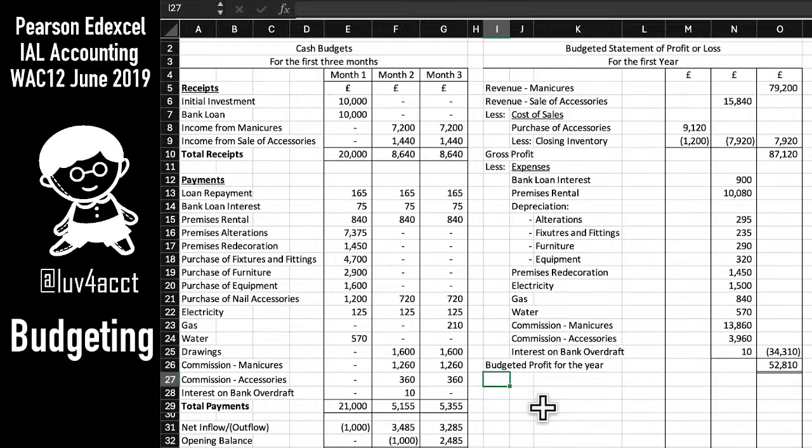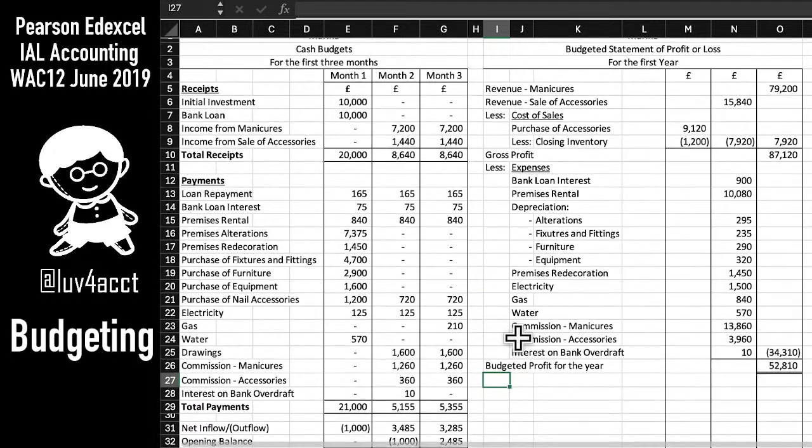make sure you know the differences between receipts and income, and also payment and expense. If you can distinguish, if you have a clear mind, then it is not a very difficult question. It's just long.